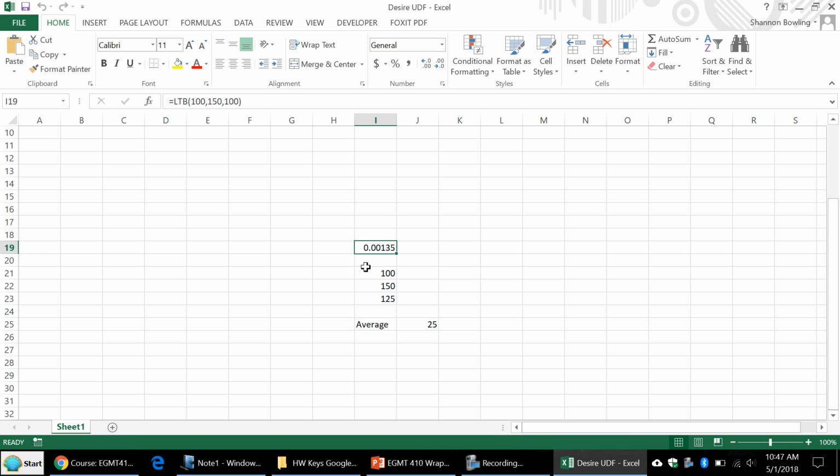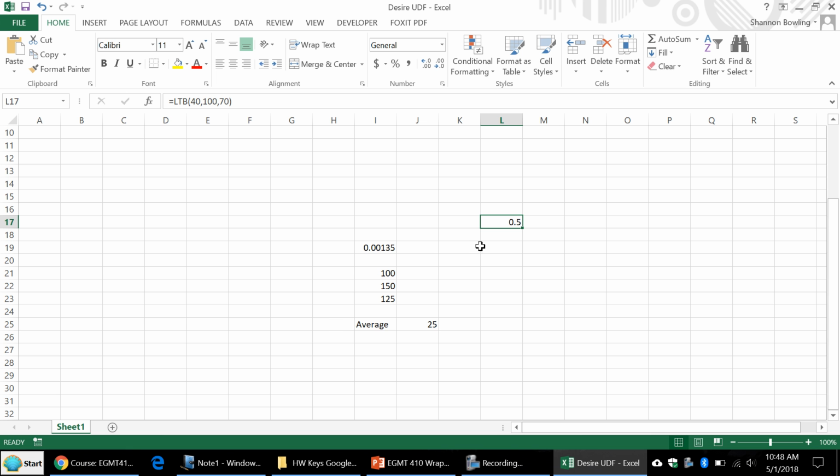So what I did here is I created a function, it's just called LTB, which is larger the better, and you put your minimum value, let's suppose I put a value of 40, your maximum value is 100, and then whatever value that you're evaluating, and see how it gave me a 0.5?